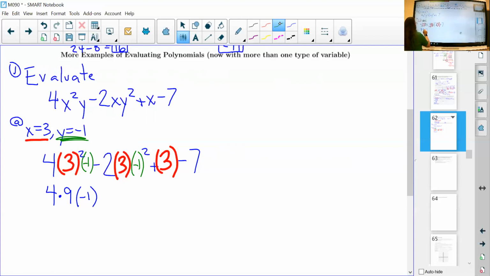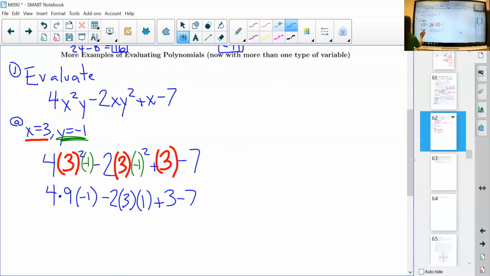If I had put a multiplication dot and then minus 1, it would be hard to tell that we're multiplying by negative 1 instead of subtracting 1. Okay, so minus 2 times 3 times negative 1 squared. We're squaring that whole thing. Think about what it should be. Yeah, just a 1. Plus 3 minus 7.